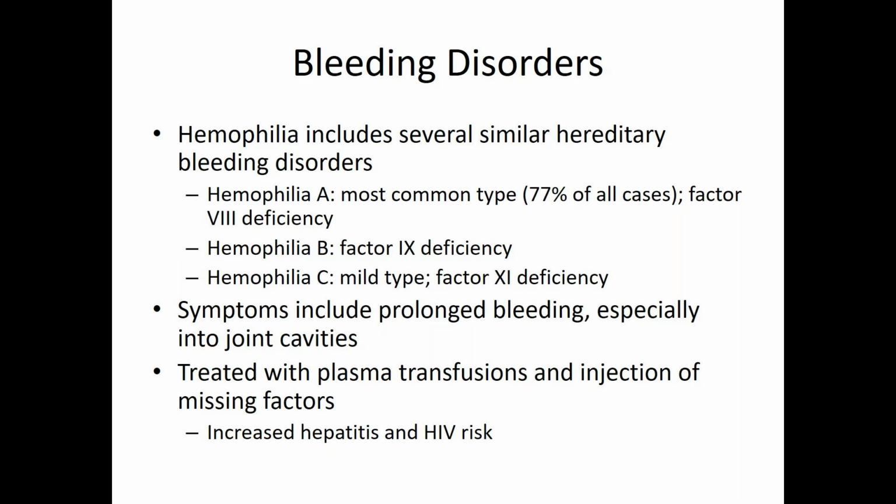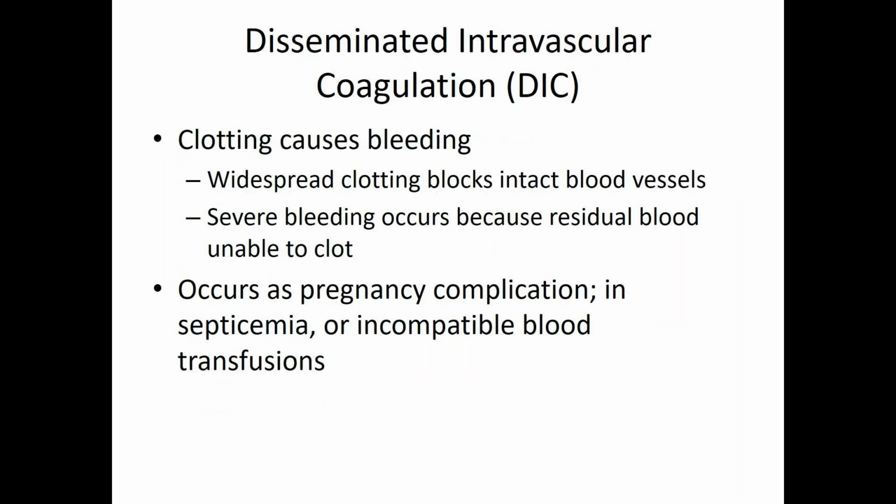And then finally, the real shitty one, DICs, disseminated intravascular coagulation, DIC. This is when both of these things happen at the same time. So you are making all of these thrombi, right, all of these unnecessary clots, and you're using up all of your platelets. And then you actually get a cut, and you have no platelets to deal with it, so you have a bleeding disorder on top of it.